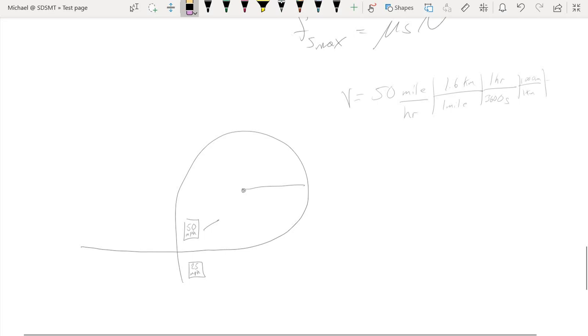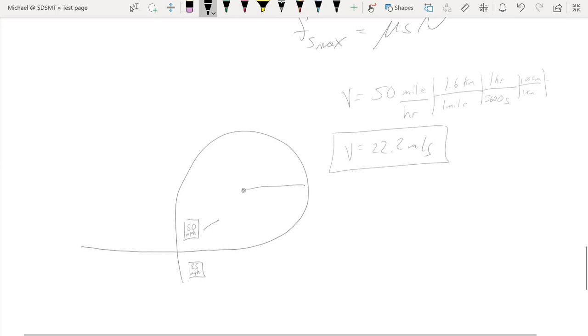There it is. 1.6 times 1,000 divided by 3,600 times 50. So this is coming out to be just a little over 22 meters per second. There we go. So that's our speed.